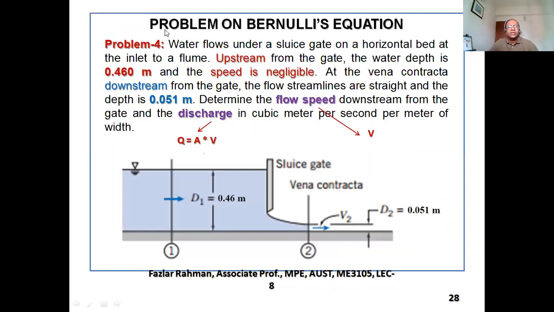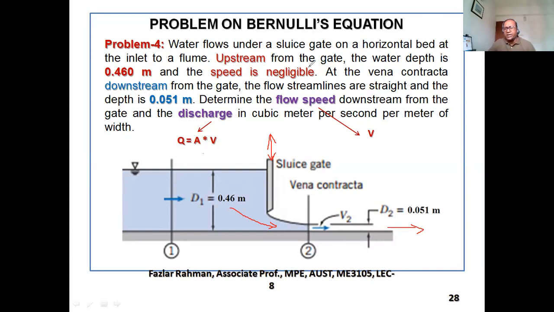Now, this problem is saying water flows under a sluice gate, flowing along this direction. You can move this gate upward or downward to close the gate. Okay, it's a water flow under a sluice gate on a horizontal bed at inlet to a flume. That means going to some kind of creek or lake.